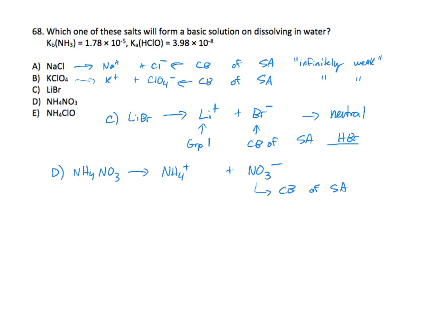It's infinitely weak, and we can ignore any impacts of NO3 minus. The ammonium cation, however, is a weak acid. And as a weak acid, what it can do is generate H plus in solution. It'll dissociate partly in water, and it'll create an acidic solution. So we expect this one to create an acidic solution.